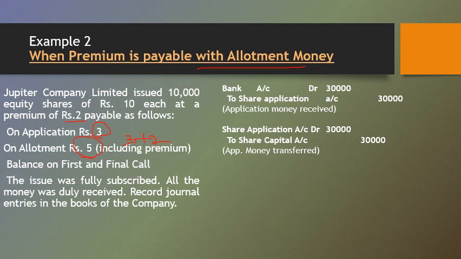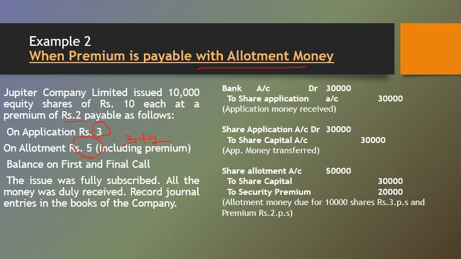Then next we have to make the allotment money due. So the journal entry is what? See, share allotment account to share capital, to security premium. The total share allotment price is rupees 5 including premium. So 5 into 10,000, rupees 50,000, is to be collected in the form of allotment money, out of which rupees 3 is payable as allotment and rupees 2 is payable towards premium.